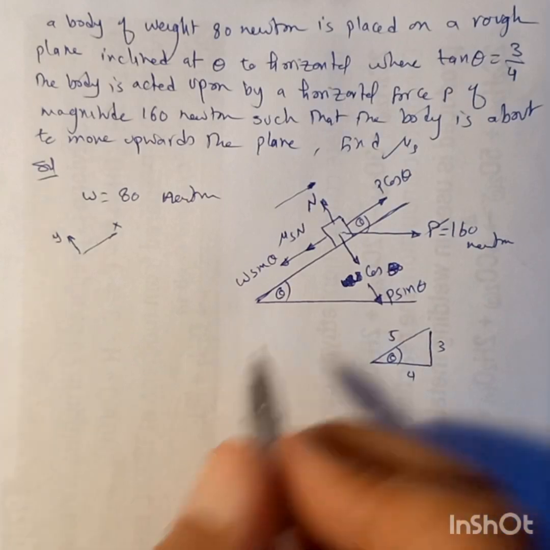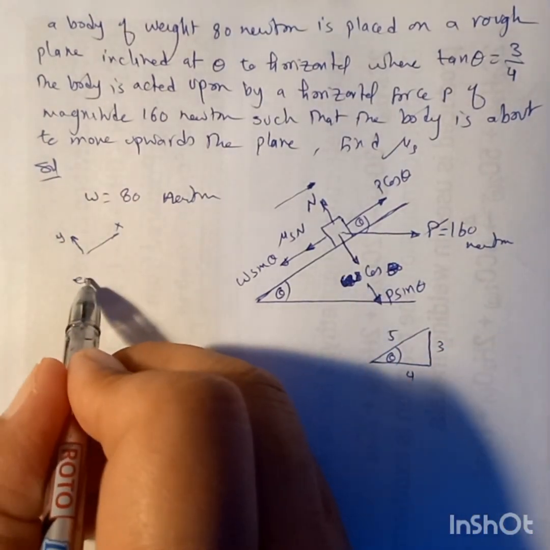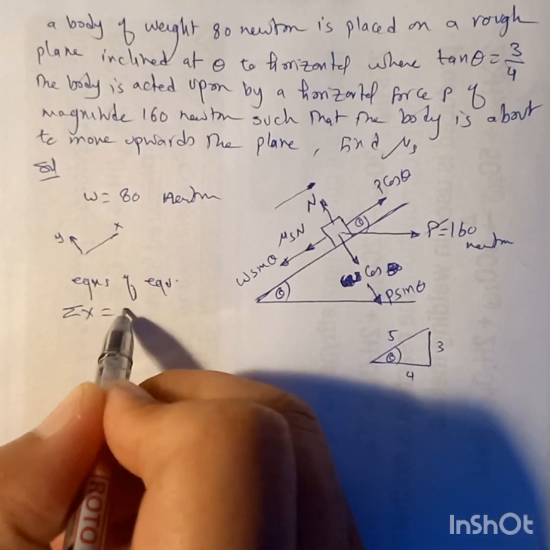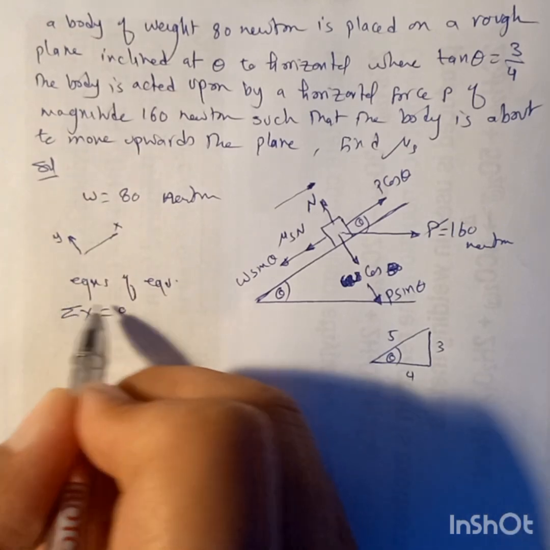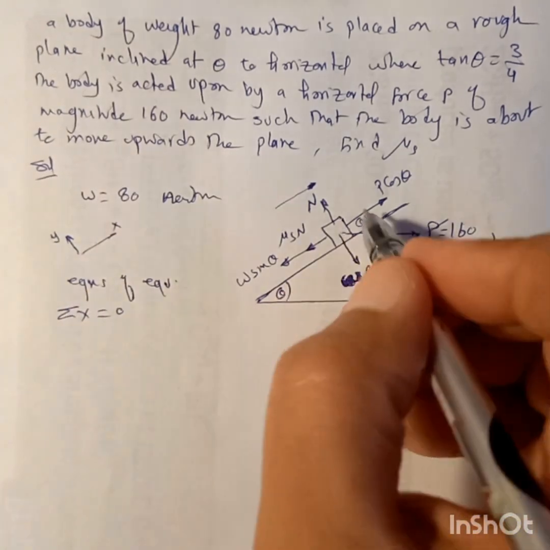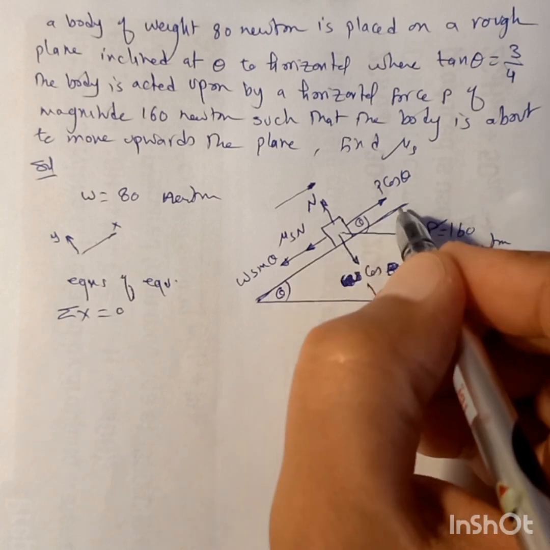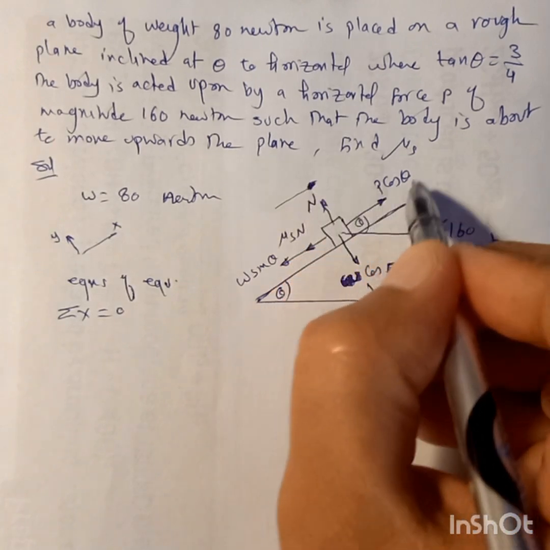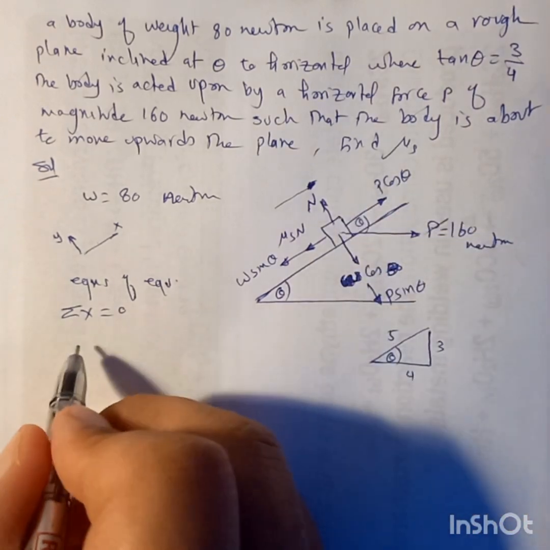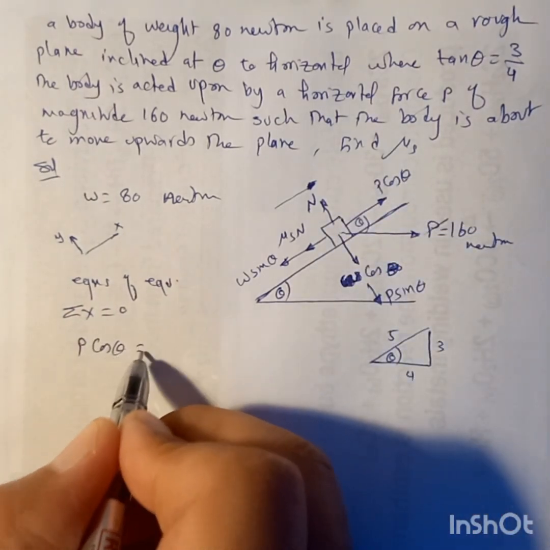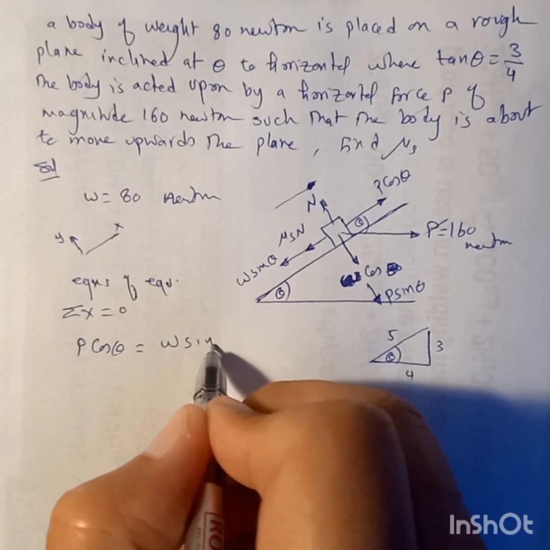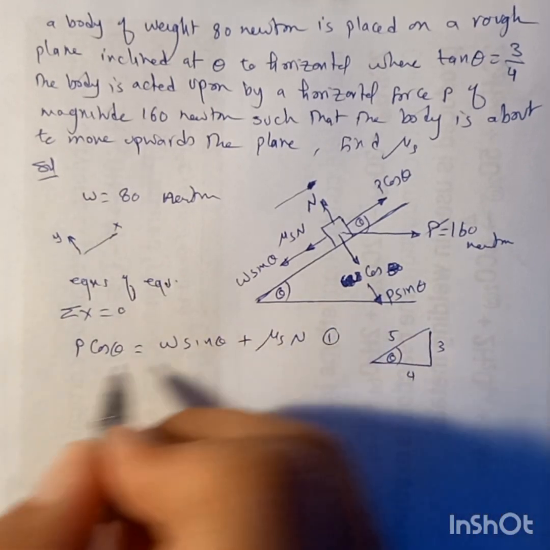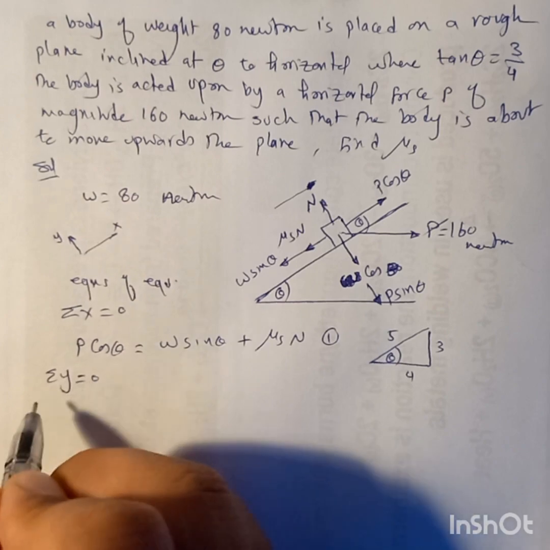Now it's time to apply the equations of equilibrium. Summation of x equals 0: the sum of the force components in the direction parallel to this inclined plane equals 0, as the expected motion is in this direction. We start with P cosine theta equals W sine theta plus mu s times N, and this is equation number 1. We also have summation of y equals 0.